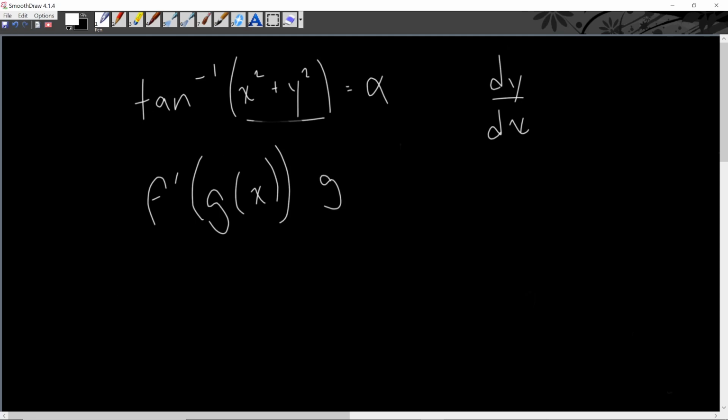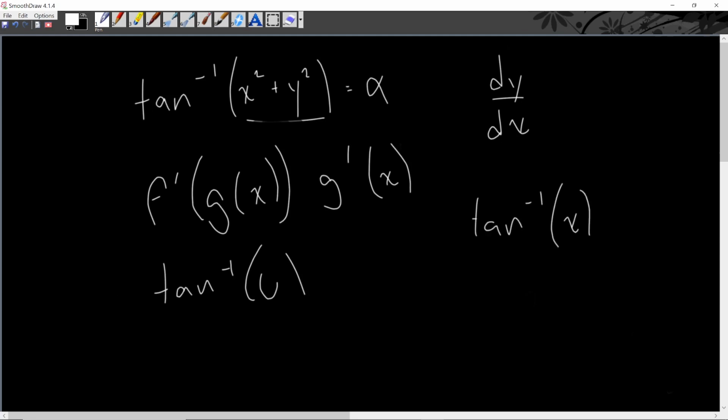So derivative of the inside times derivative of the outside, we're going to have 1 over, let's write arctan out right here. And again, we said that the derivative of arctan x is going to be 1 over 1 plus x squared.